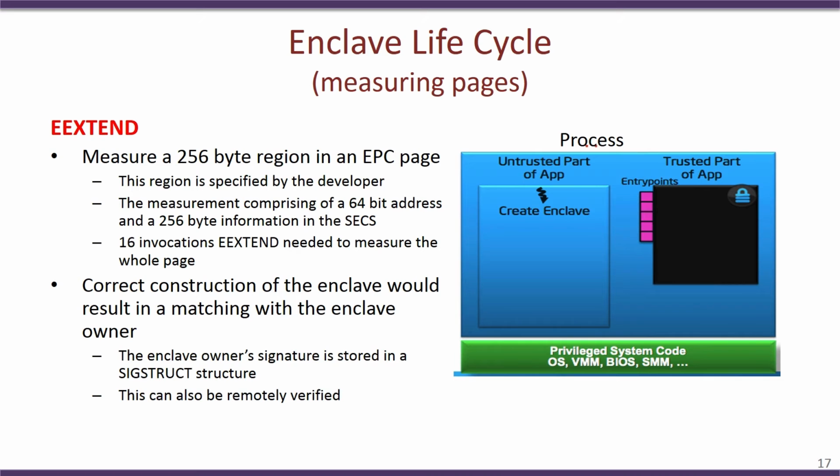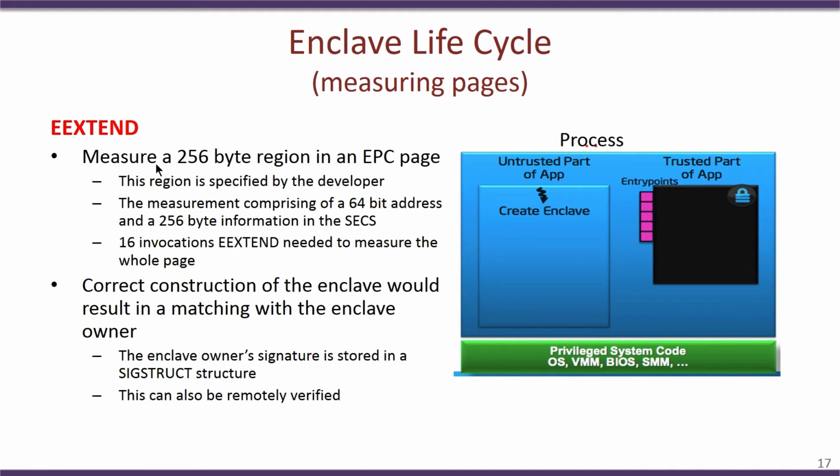This ensures confidentiality and could also be used to build integrity. After all pages present in the enclave have been added using the EADD instruction, for example, if there are 20 different pages, then EADD would be invoked 20 times, one for each EPC page present in the enclave, the operating system would then need to call EEXTEND. EEXTEND would measure a 256 byte region in an EPC page.